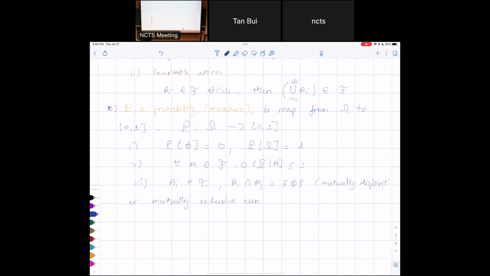So this is just the mathematical language, mutually disjoint.